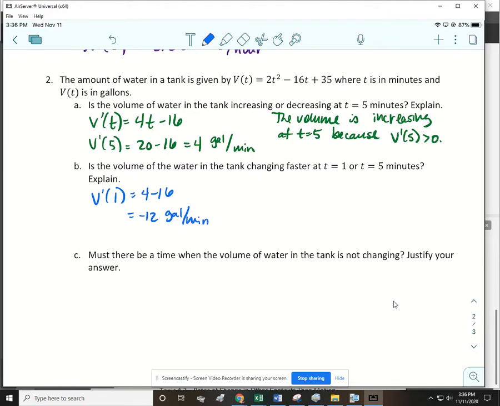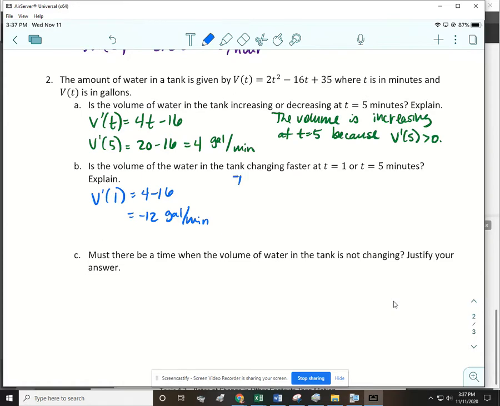So you have to think about which is a faster change, changing at 4 gallons per minute or changing at negative 12 gallons per minute. And the answer is negative 12. So it's decreasing at a rate of 12 gallons per minute. The other one's increasing at a rate of 4 gallons per minute. So 12 obviously is larger than 4. So don't let the positive and negative get you too confused. That just tells you increasing or decreasing. The rate is the 12 and the 4.